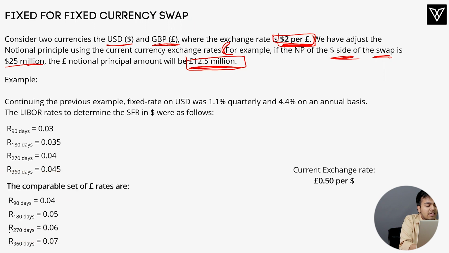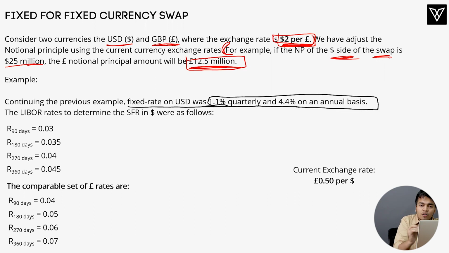Let's understand the example ahead. Continuing the previous example, the example that we already did for the interest rate swap, where we had the SFR at 4.4%. The very same example we'll be considering here, and then we'll include the other currency leg as well in this question. So continuing with the previous example, the fixed rate in USD was 1.1% quarterly and 4.4% on an annual basis.